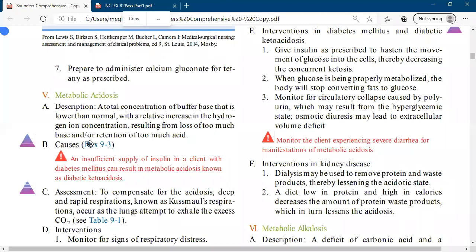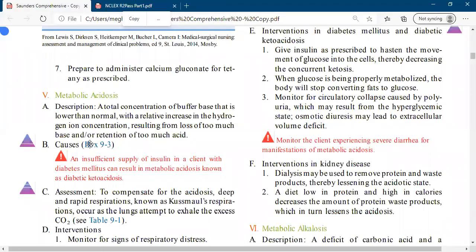For the NCLEX board, what do we have to know? We need to know that if a patient has diarrhea, metabolic acidosis takes place. If a patient has vomiting, what kind of change takes place? They have metabolic alkalosis.